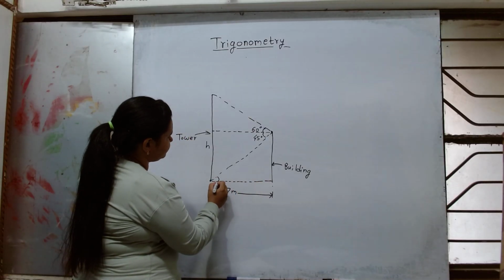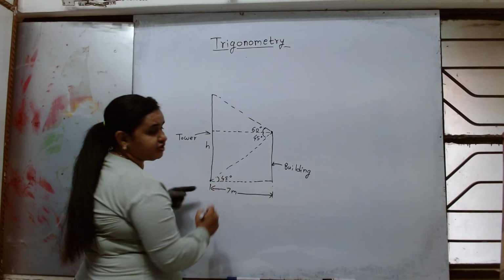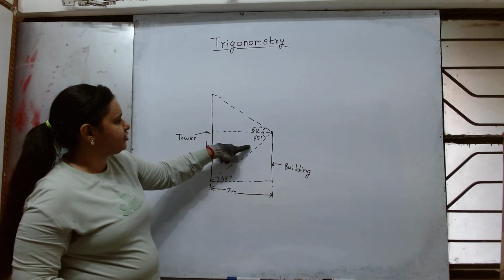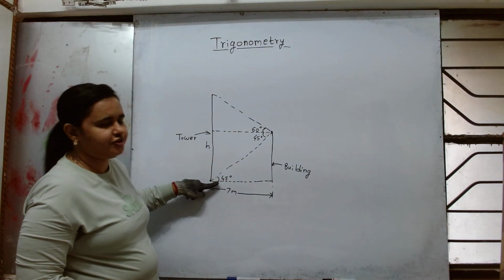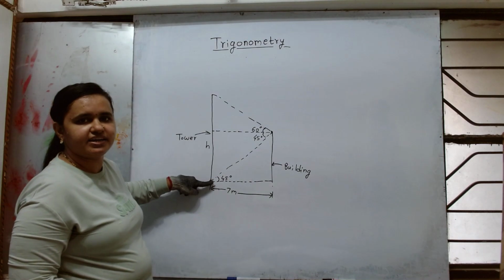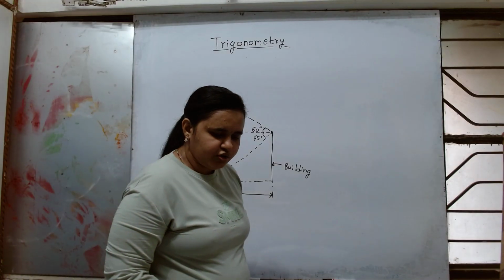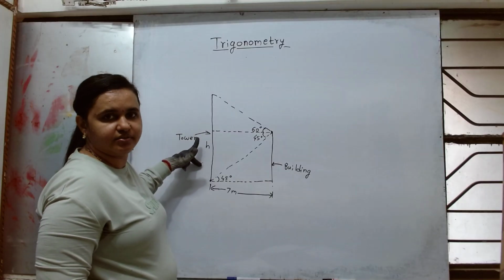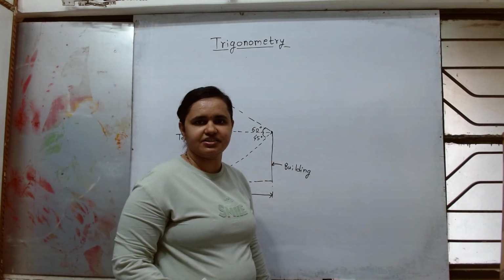It is given as 45 degree. How it is 45 degree? Because these and these are alternate angles. If it is 45 degree, then also this will be 45 degree. So the fourth option is correct to find the height of the tower.